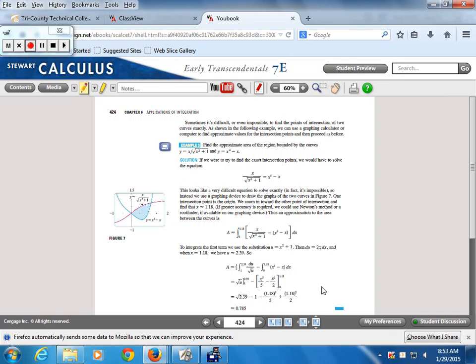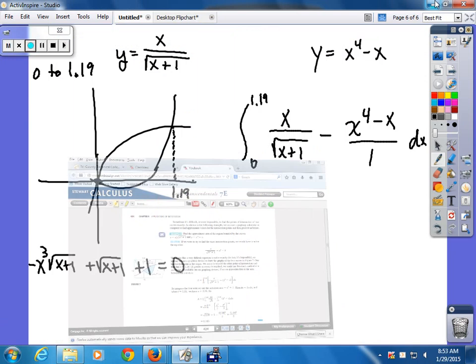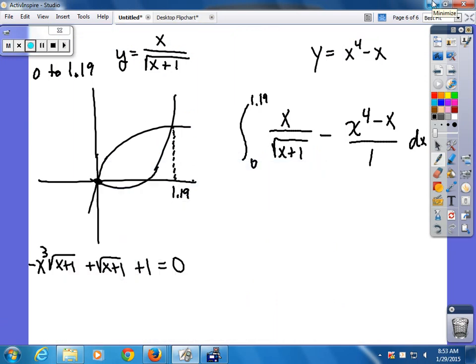I think it is. Did I write x or x squared? It's supposed to be x squared. I don't know why I keep doing that. Maybe that's it.